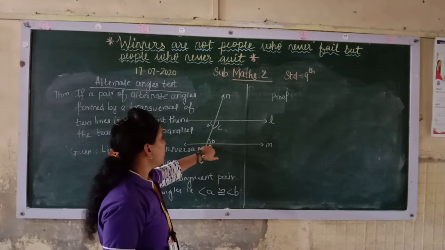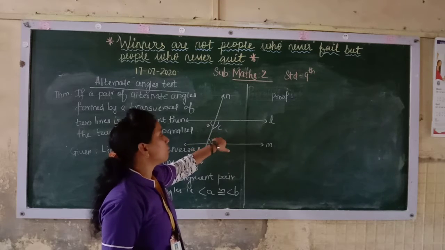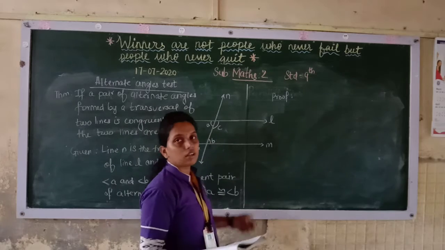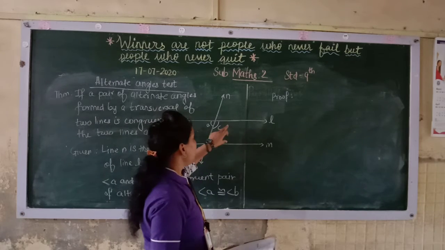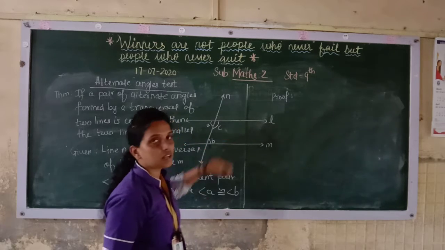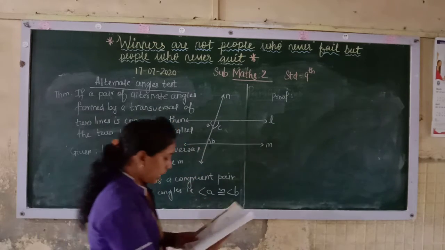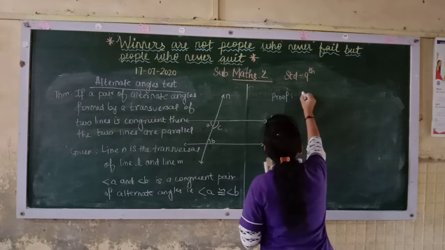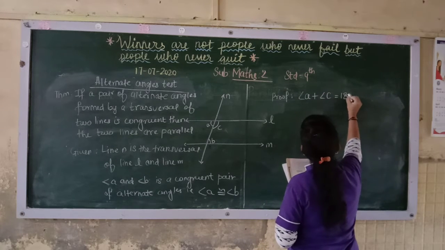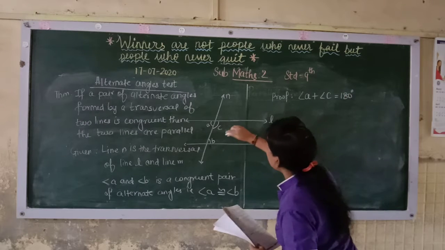You will get that the sum of B and C is 180. If this sum is 180, then they are interior angles formed by two lines and one transversal, which means these two lines are parallel. So we will write the theorem. First we will write angle A plus angle C is equal to 180 degrees.